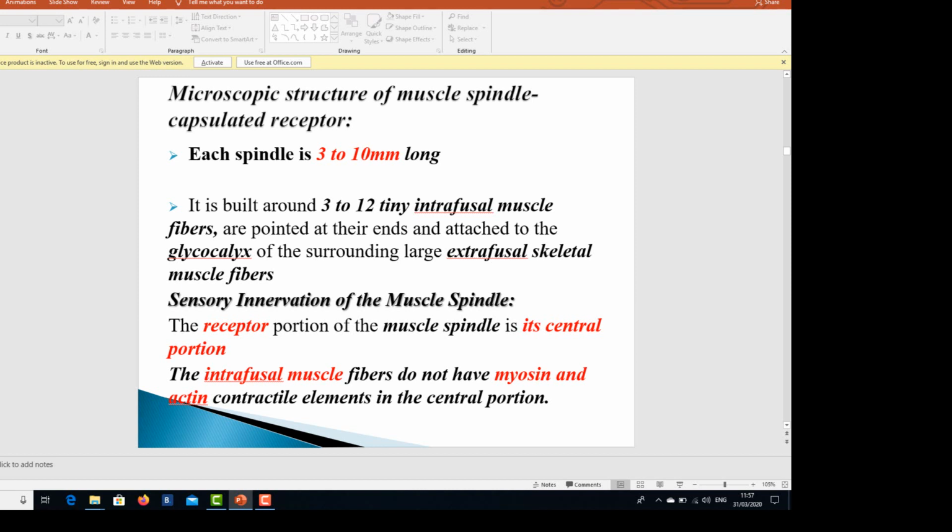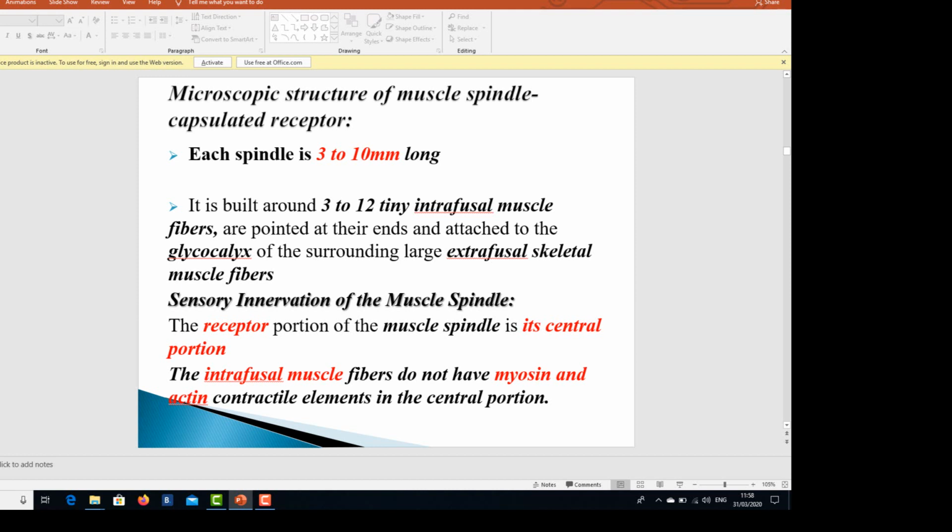The sensory innervation of muscle spindle is that the receptor portion of the muscle spindle is its central portion. The intrafusal muscle fibers do not have myosin and actin, which are the contractile elements, in the central portion.